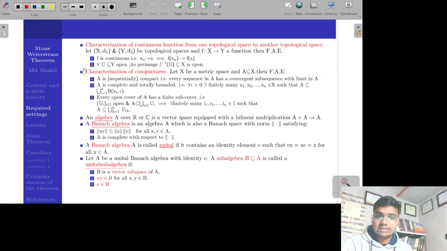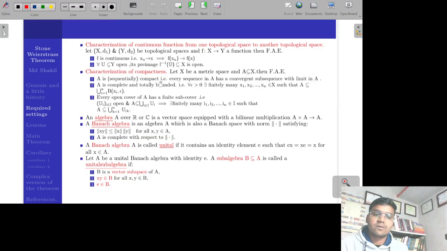Now, the characterization of compactness is also needed when we say a set is compact. If X is a metric space and A is a subset of X, then the following are equivalent. A is sequentially compact, which means every sequence in A has a convergent subsequence having its limit in A itself.